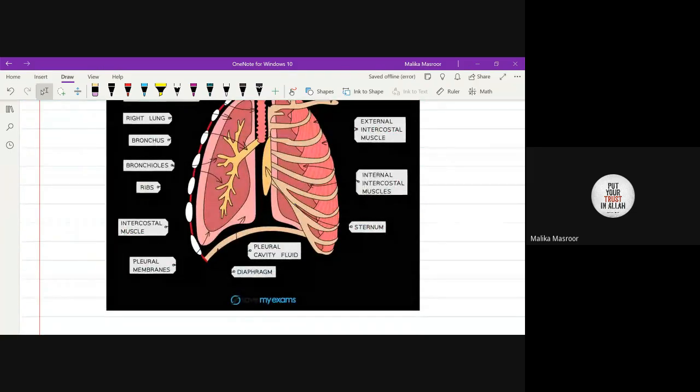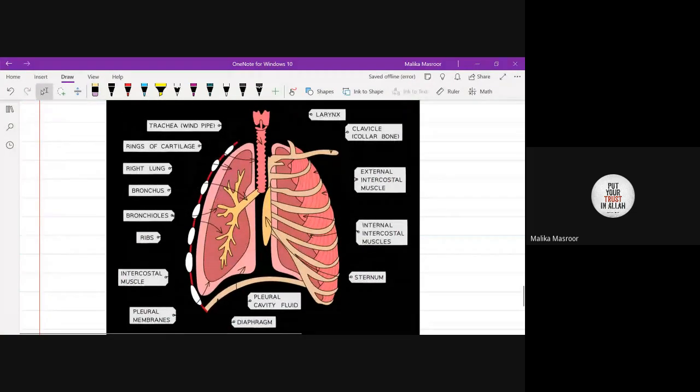Okay, look at this. This cavity outside is your pleural cavity. This is the pleural membrane outside the lungs. You see this black outline. Obviously you cannot see it, but it's a membrane outside the lungs.